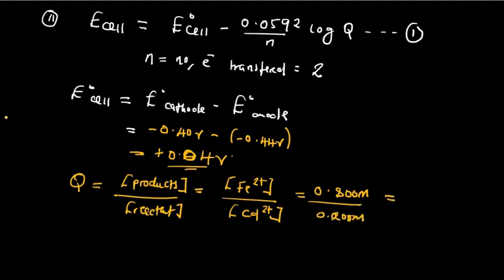So now this will basically give us 4. This will give us 4 as the value of Q. Now after that, we just have to substitute what we have in our main equation, and then we calculate. So we know Ecell.